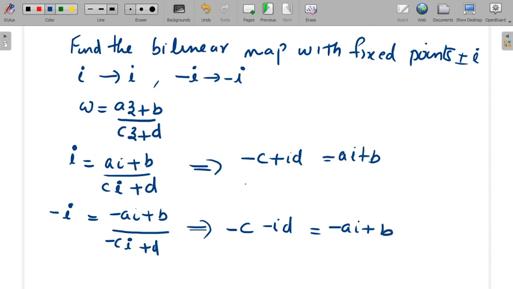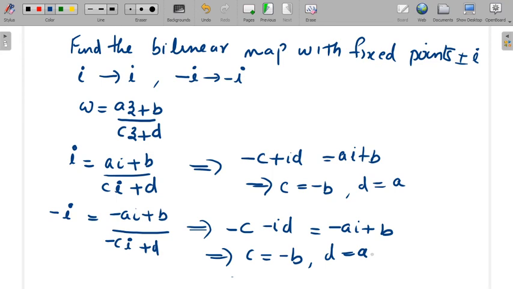So from this you can equate c equal to minus b, d equal to a, and this also gives the same information only, c equal to minus b, d equal to a.